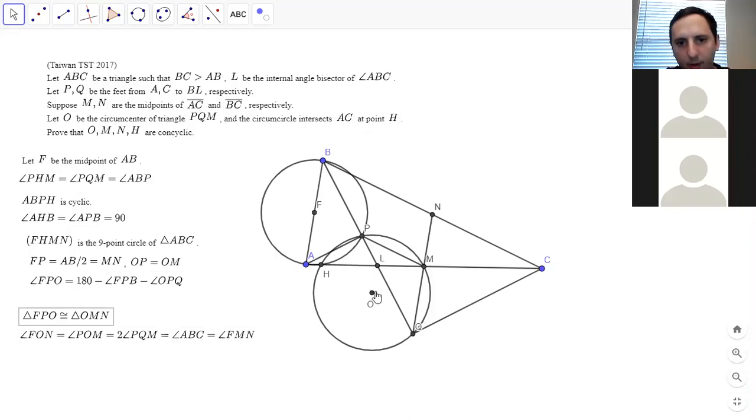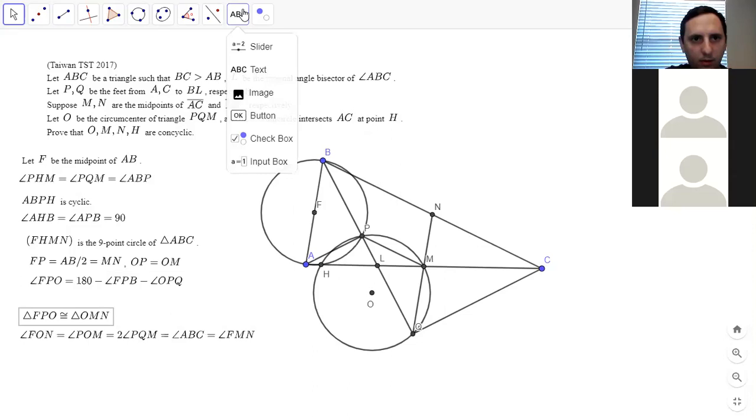So that's FPO, and then angle OMN. Yeah, it's just an angle chase.